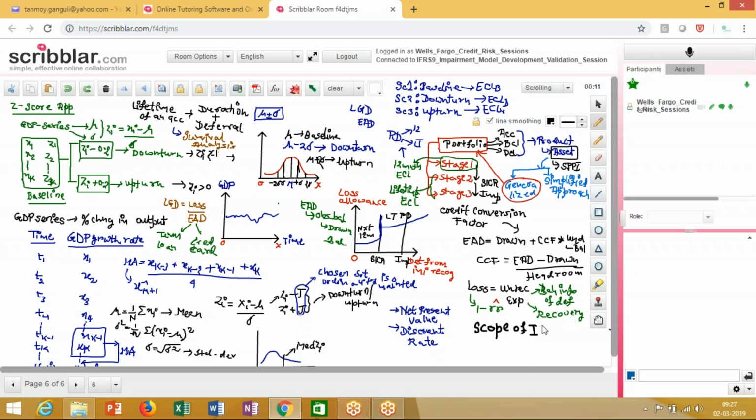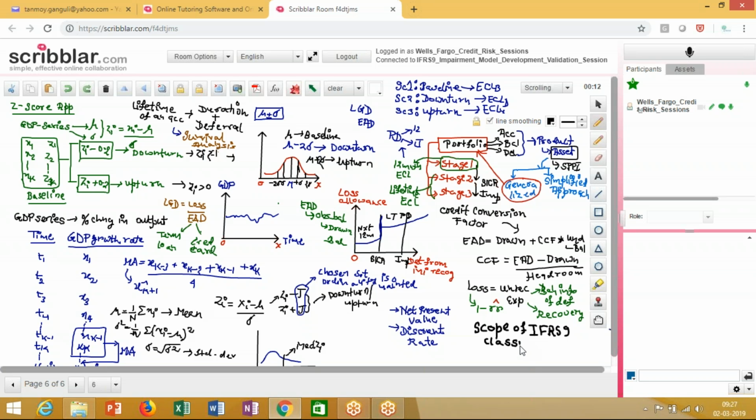So broadly, IFRS 9 classifies the assets into three parts. Scope of IFRS 9 classification. Now, since it's a provisioning framework, it will obviously be classifying the assets based on their cash flows.